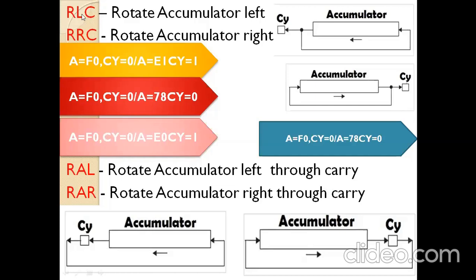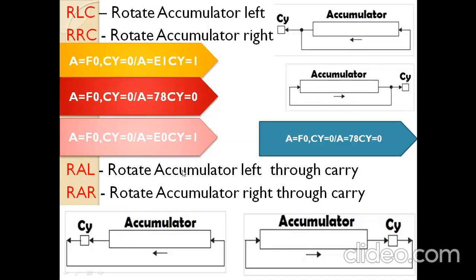If you use the rotate accumulator left instruction, this operation will take place and the result is A equal to E1 and carry equal to 1. Next, if you use rotate accumulator right, the A value changes to 78 and the carry flag is 0.